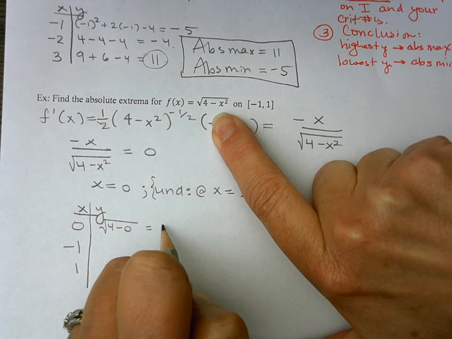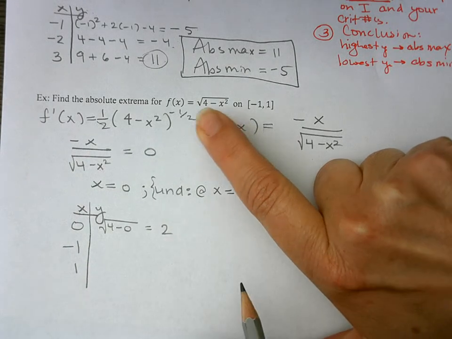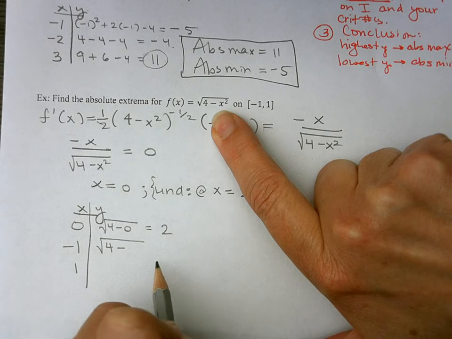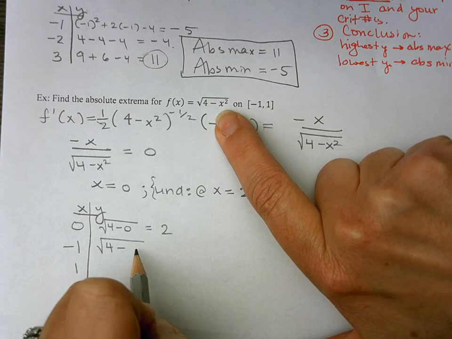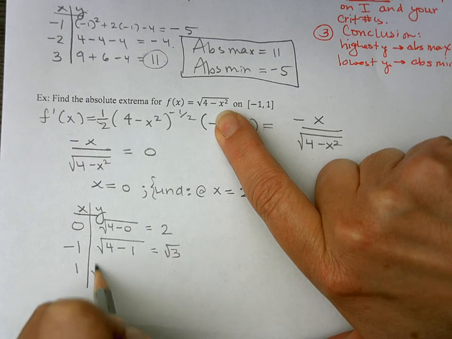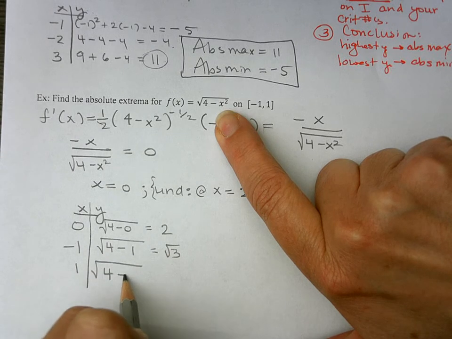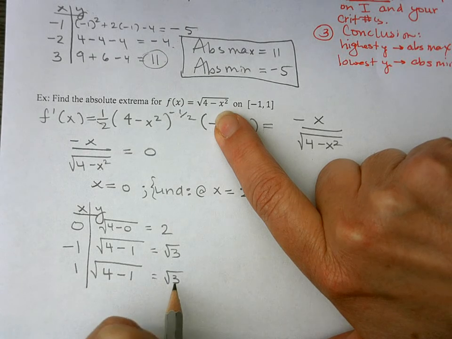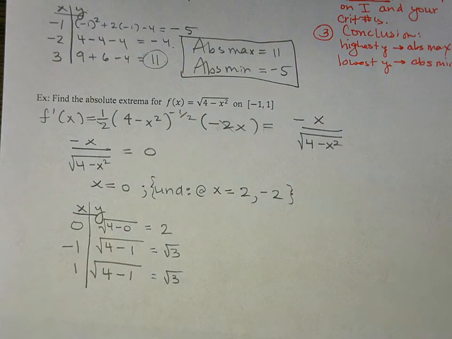And then the square root of 4 is 2. And then now substitute in negative 1. So you would have 4 minus, and then negative 1 squared is 1. So that would be the square root of 3. And one more, so square root of 4 minus 1 squared, which is also 1. Interesting. And so that would give me a square root of 3.